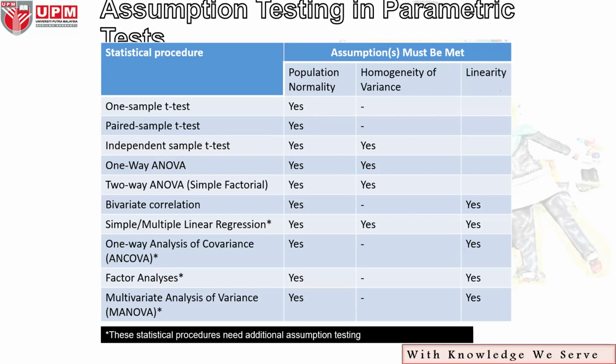And then one-way ANOVA: the DV must be normal, and the groups must be homogeneous. Two-way ANOVA needs both population normality and homogeneity of variance. Bivariate correlation needs only normality, for both IVs and DV. For simple or multiple linear regression, you need to check population normality as well as homogeneity and linearity. Then one-way analysis of covariance, which is advanced, and then factor analysis and MANOVA.